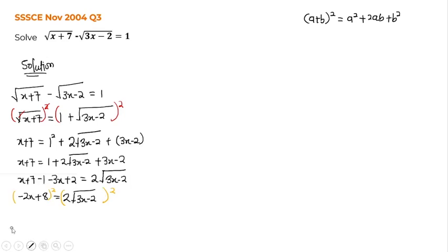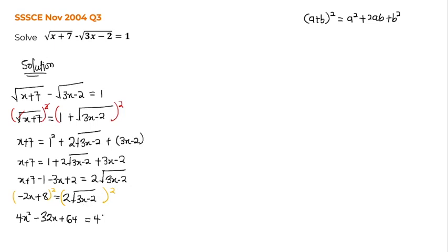Squaring both sides, negative 2x squared will give me 4x squared, then minus 2 multiplied by 2, that will give me 4, multiplied by 8, that will give me 32. So I have 32x over here plus 8 squared, that will give me 64, is equal to 2 squared will give me 4, and then root 3x minus 2 squared.